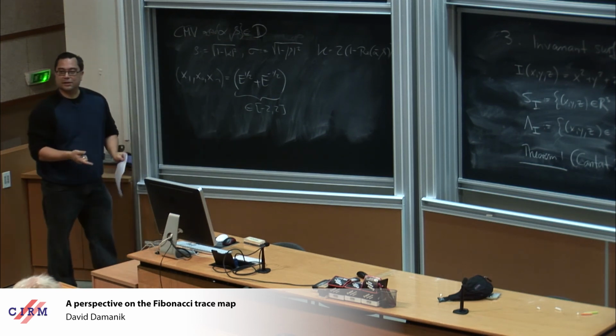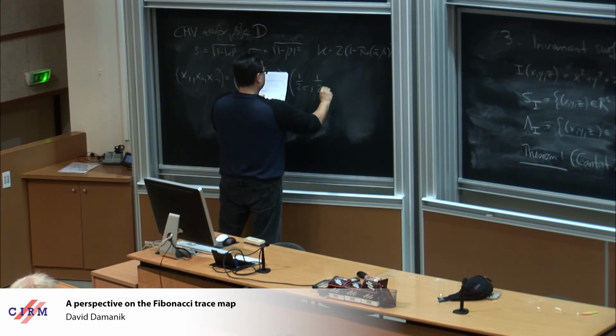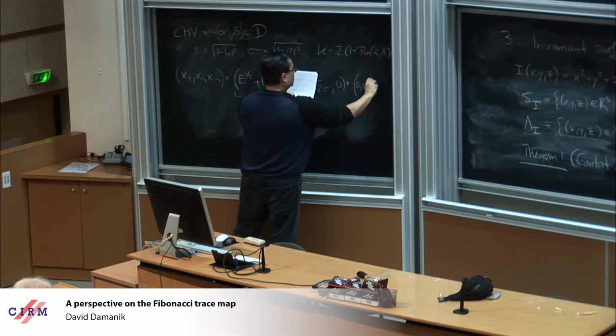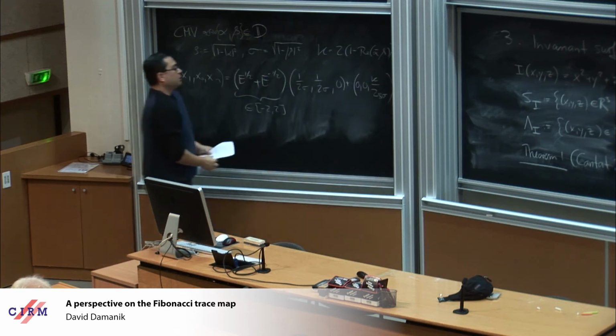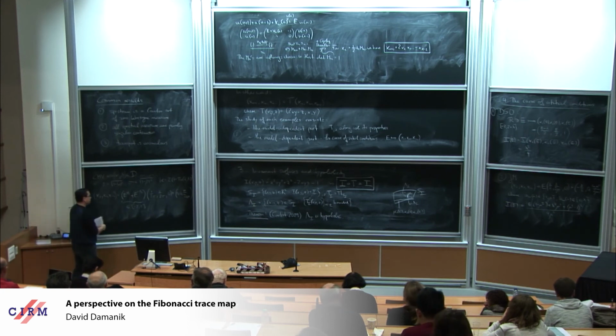That's an easy exercise. You get that, times 1 over 2 sigma, 1 over 2 sigma, 0, plus 0, 0, k over 2 rho sigma. So again, your curve of initial conditions is a line segment.